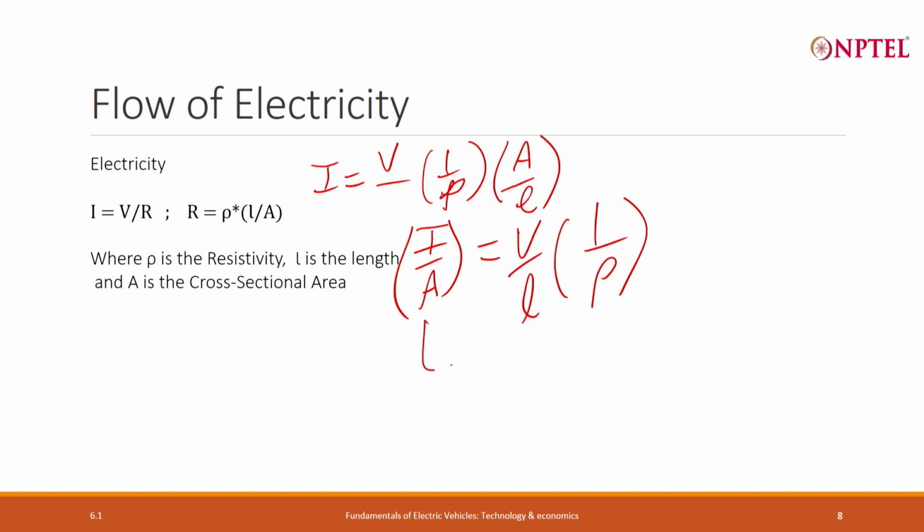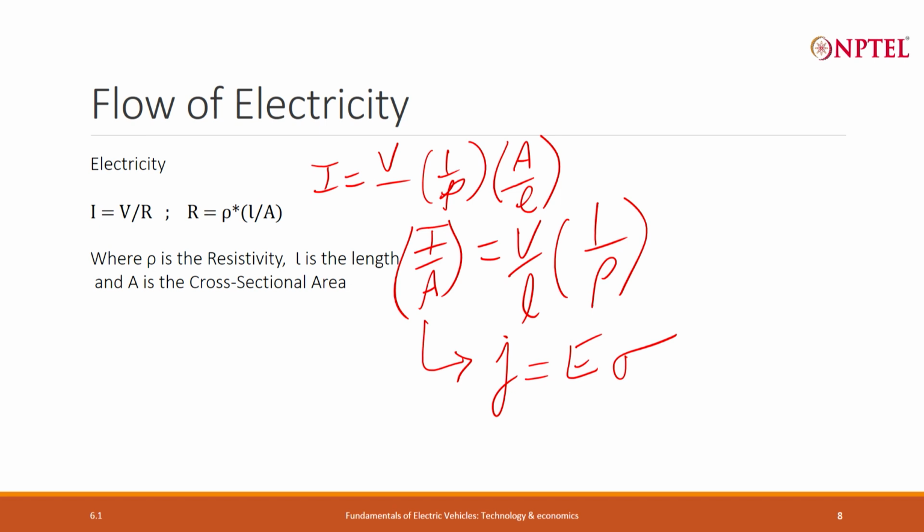I can call this the current density, because it tells me per unit area what is the current that is flowing, J, and the voltage drop per unit length, I will call it the field rather than the voltage, and 1 by rho, which is the resistivity, 1 by rho of that is the conductivity.